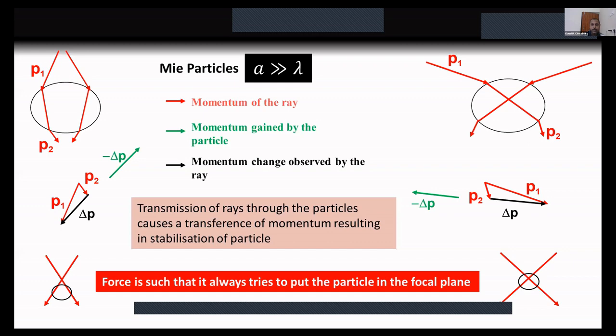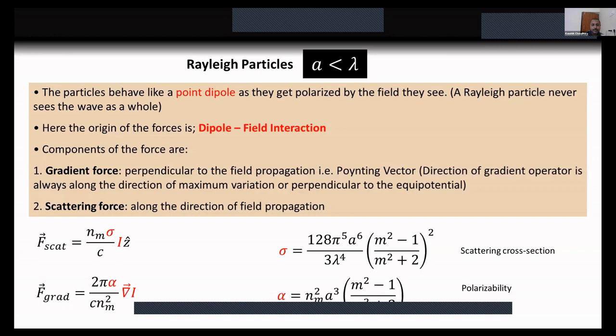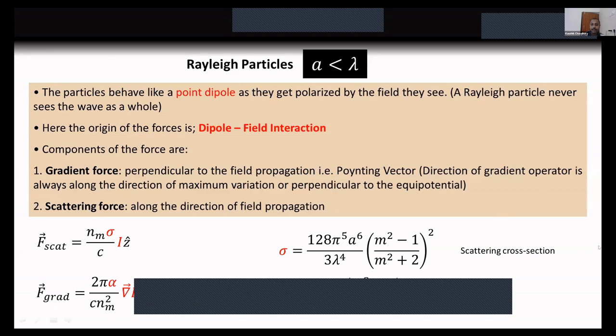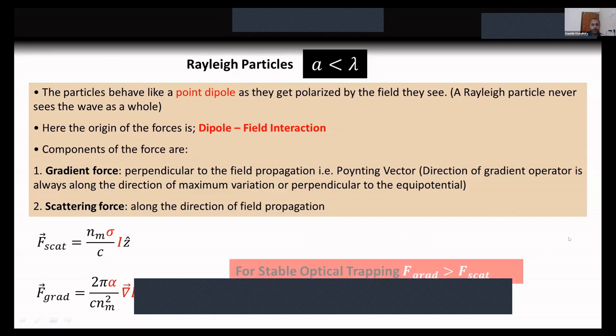For particles that are smaller in size, we can understand this through dipole field interaction. That is, the intense electric field of the laser causes the dipole in the dielectric particle to oscillate at the frequency of the laser, and that causes a force of interaction between the dipole and the electric field, in turn stabilizing the particle at the focus.